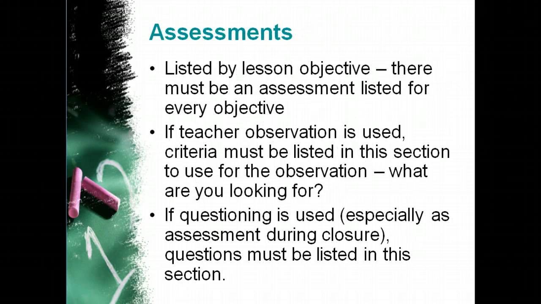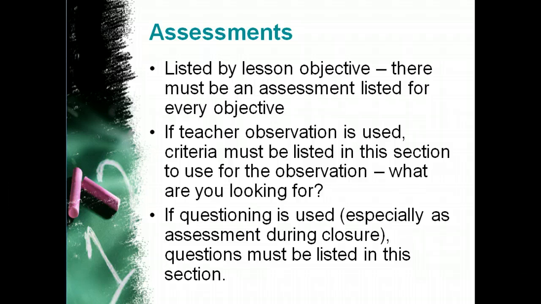In the assessment section, each assessment should be listed by the lesson objective. In other words, there should be an assessment that matches every objective that is written on the lesson plan, because the assessments are used to determine whether you've accomplished your objectives or not. If teacher observation is used as an assessment, and it shouldn't be done very often, the criteria must be listed in this section that you're going to use for the observation.